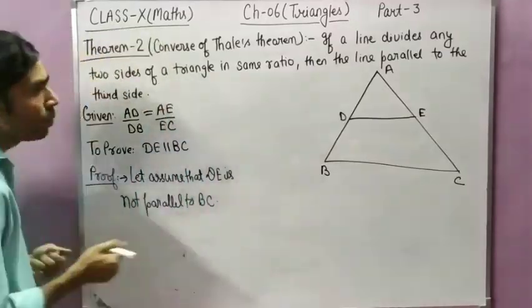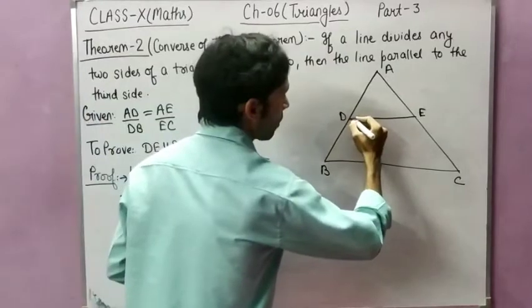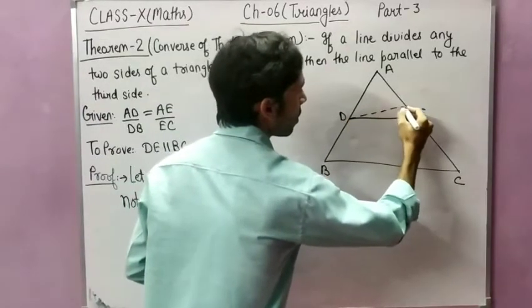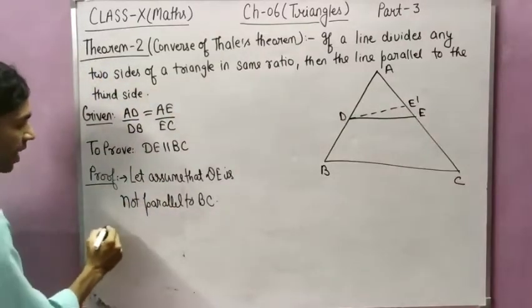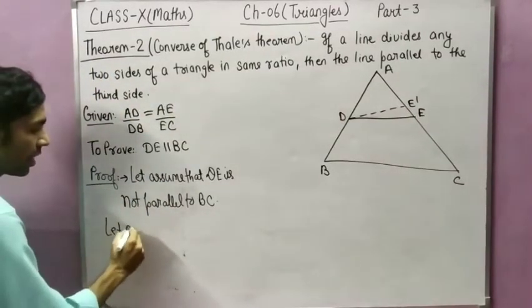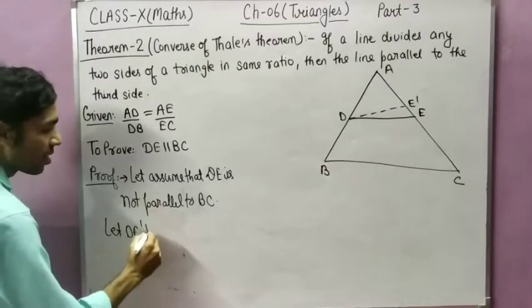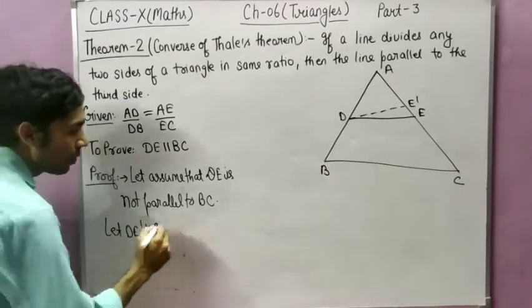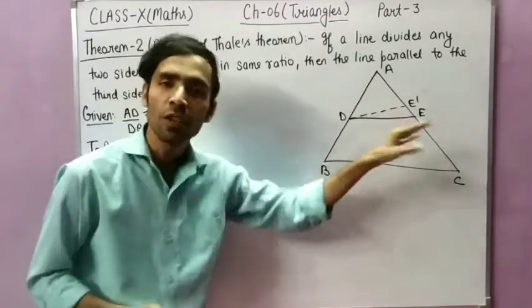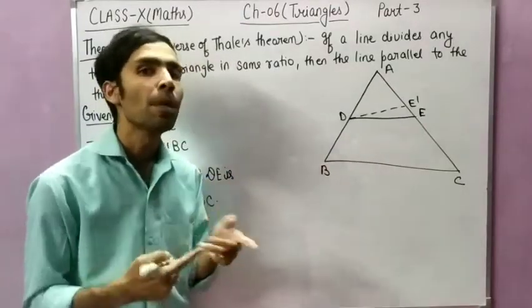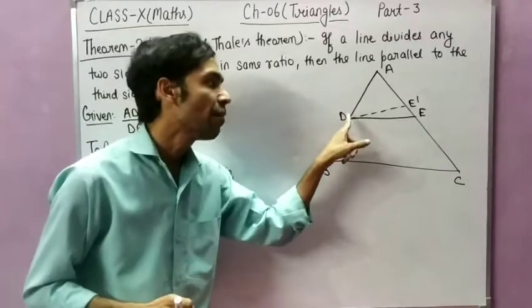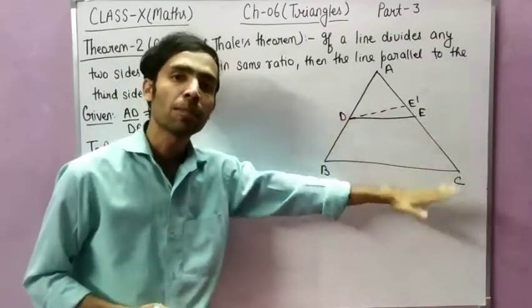Suppose that line is DE dash. We assume that DE dash is parallel to BC.